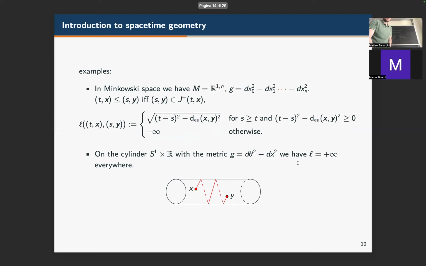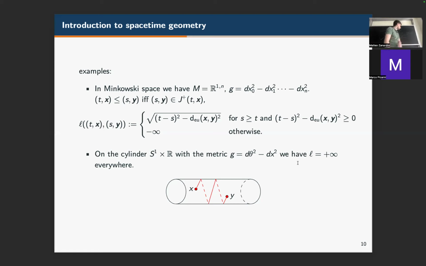Now some examples. The first one is the so-called Minkowski space, which is the space of special relativity. You can precisely compute the time separation between two given points in this flat space with this metric. It resembles the Euclidean distance.